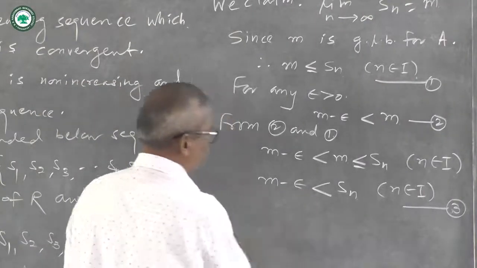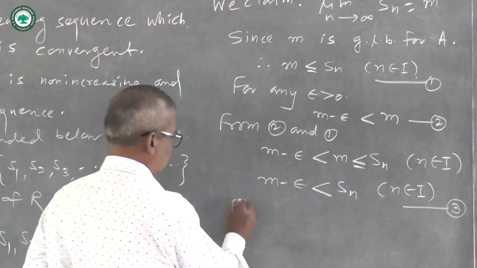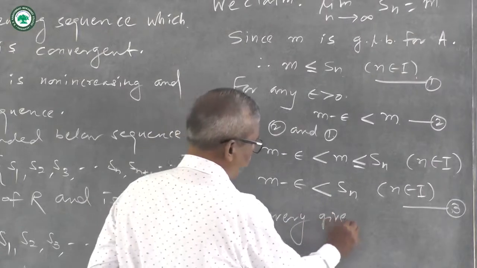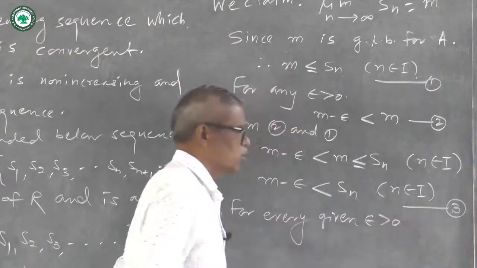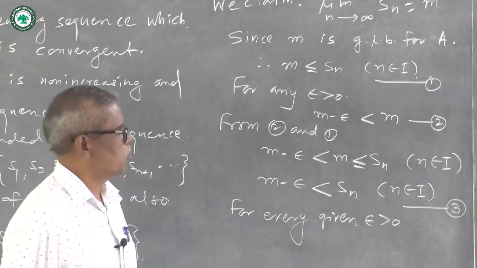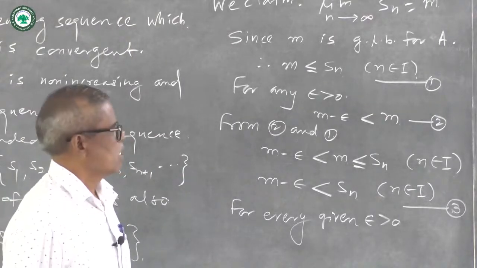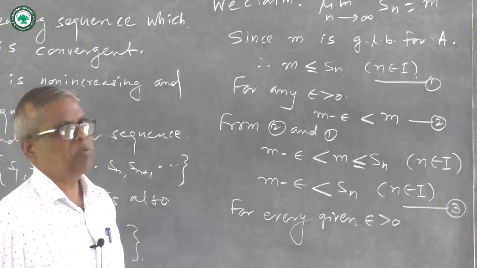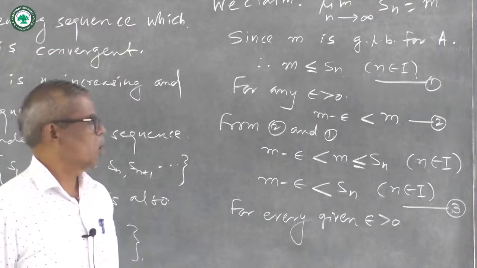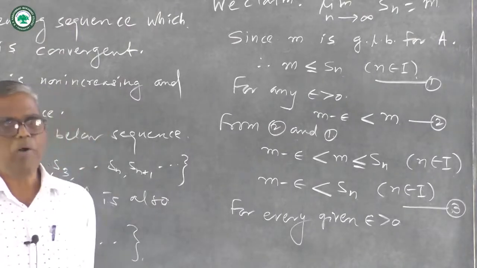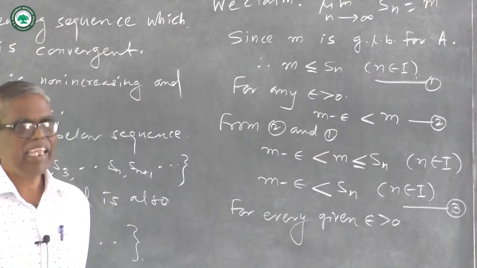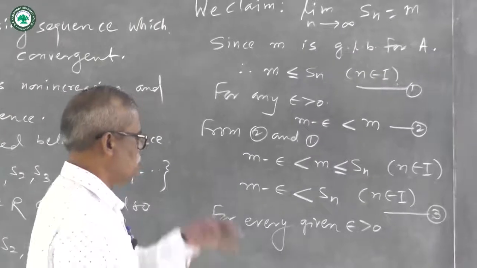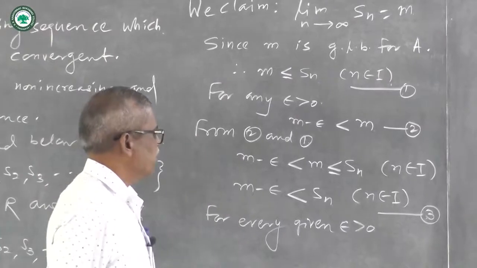For every given epsilon positive, m plus epsilon is not a lower bound of the set A. M minus epsilon is a lower bound.